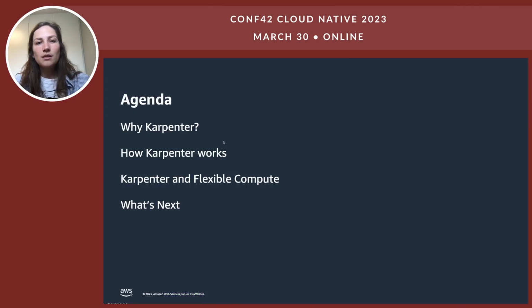In this talk, we will dive into Karpenter, an auto-scaling solution that helps scale efficiently the Kubernetes infrastructure. We will touch on the technical aspects of the implementation and the integration with other cost optimization techniques like EC2 Spot and Graviton.